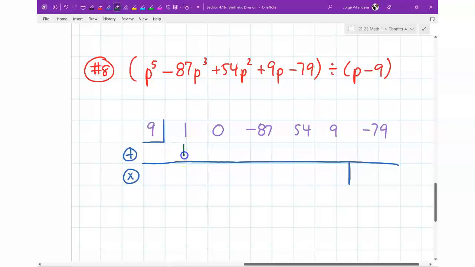So drop the 1, okay? 9 times 1 is 9. 0 plus 9 is 9. 9 times 9, 81. Right?